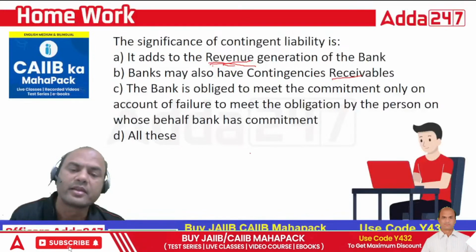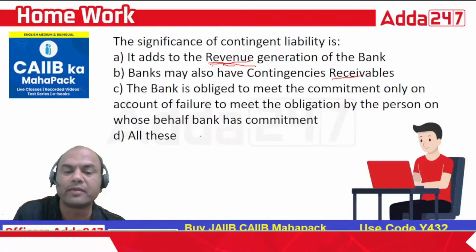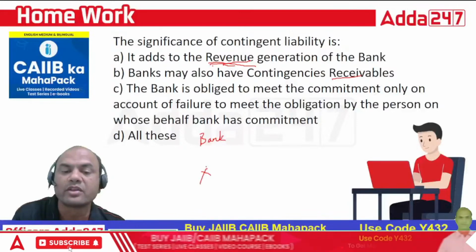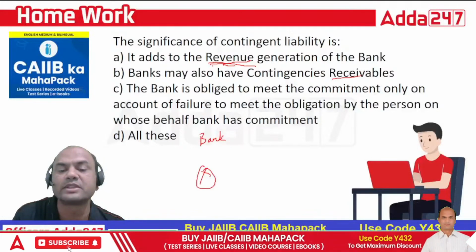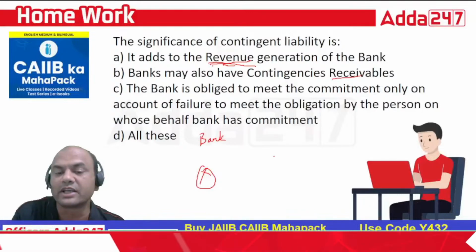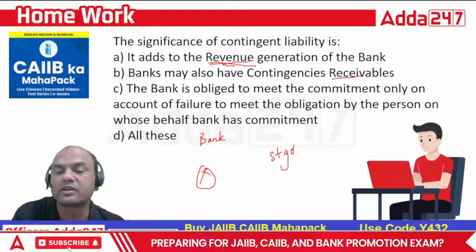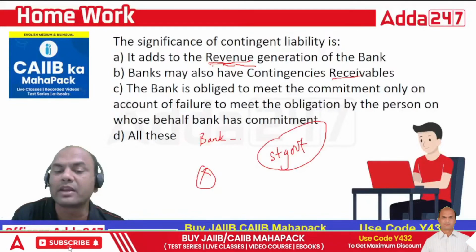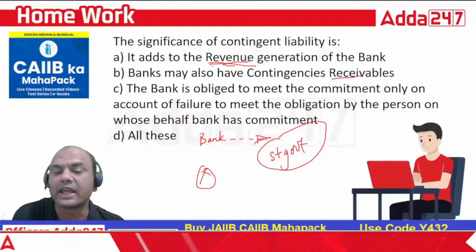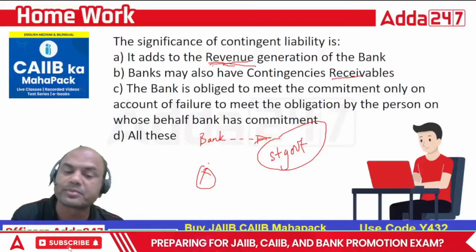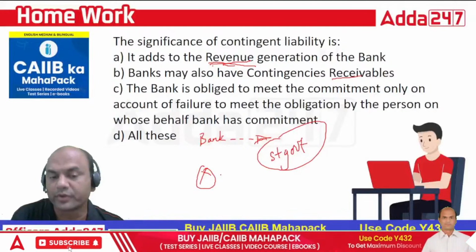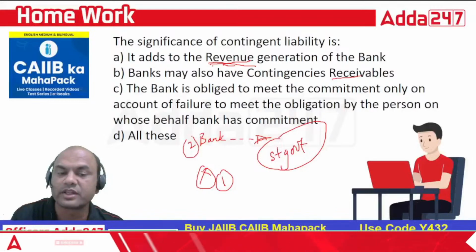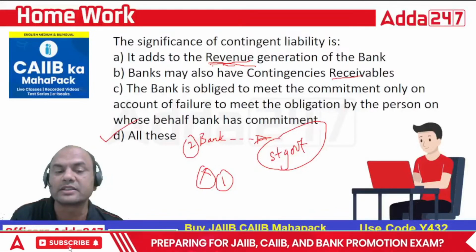Suppose I am the bank and this is the customer X. If I give a guarantee on behalf of this customer to, let's say, the state government, only if this person doesn't perform will I be required to pay, because this guarantee comes on the failure of this person to perform. So the first job is this person's and the second job is mine. So that's why C is also correct. The correct answer is all of these.